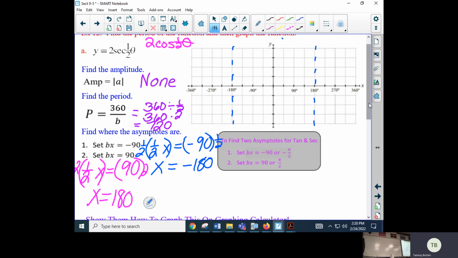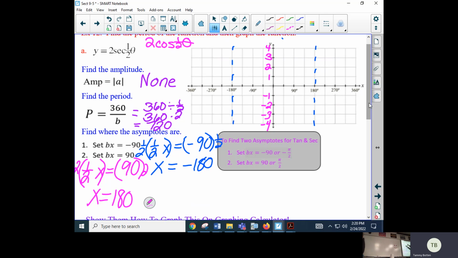Okay. So when we go to do this, the big difference about this, we're doing cosine, and notice that our amplitude on this one, we're gonna have 4 different things that we have to change about these once we get through this chapter.